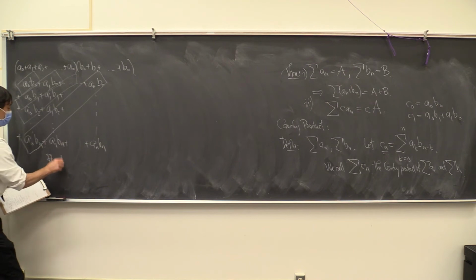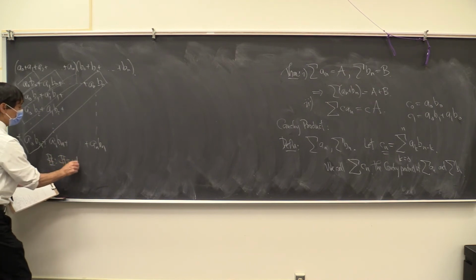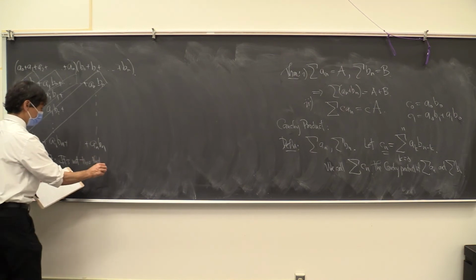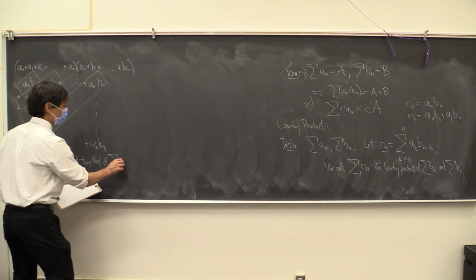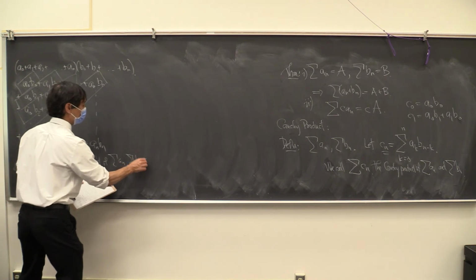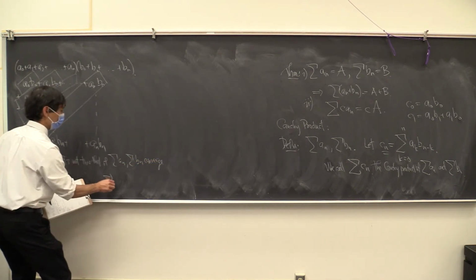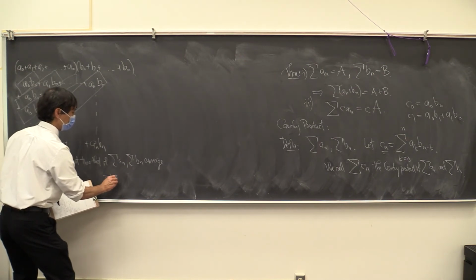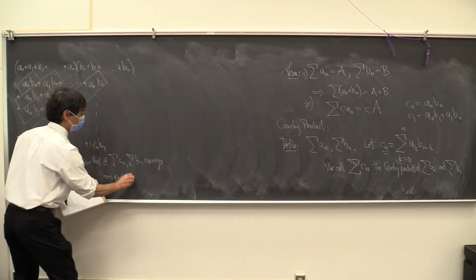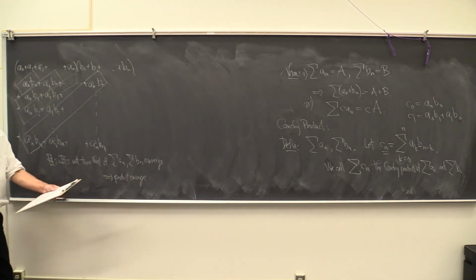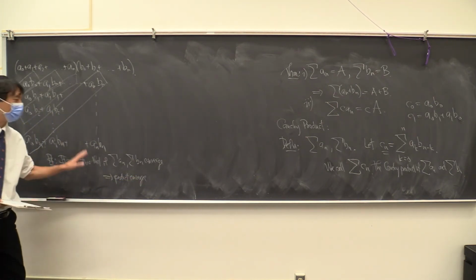Okay, a remark: it's not necessarily true that if the series converge, then the product converges. There's a counterexample to that on page 73, which I'm not going to go over.